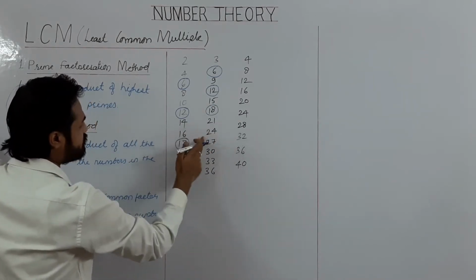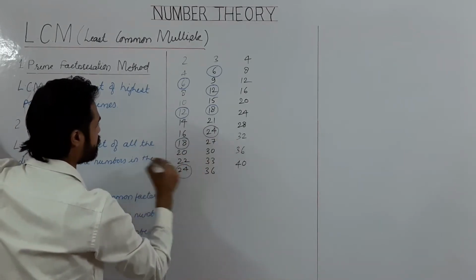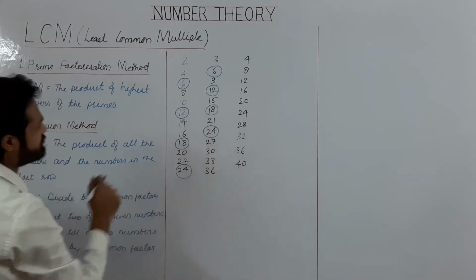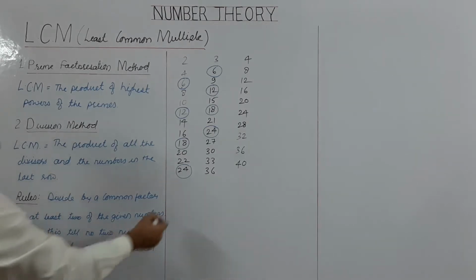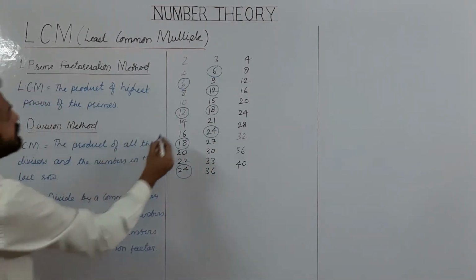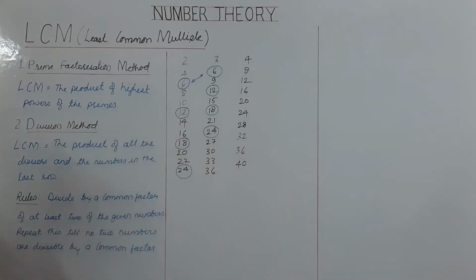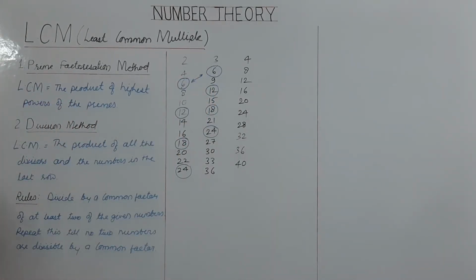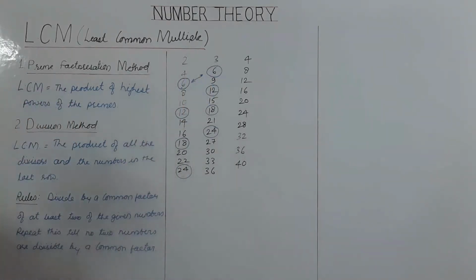Then 21, no. 24, yes. 27, no. 30, yes. So these are common multiples for 2 and 3. Among these common multiples, least is 6. So 6 is the common multiple which is also least. So 6 is LCM or least common multiple for 2 and 3.